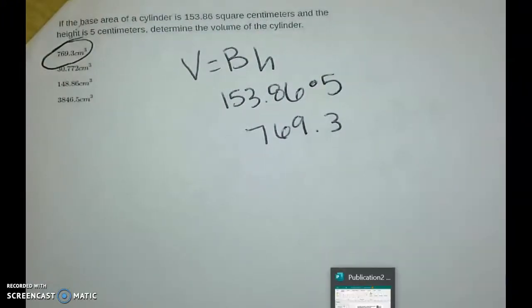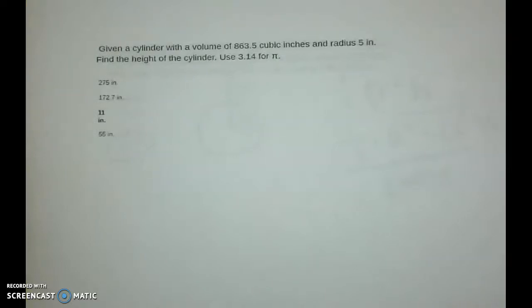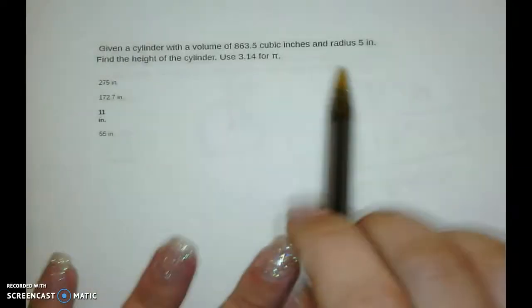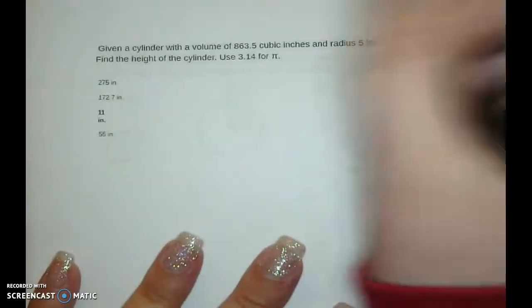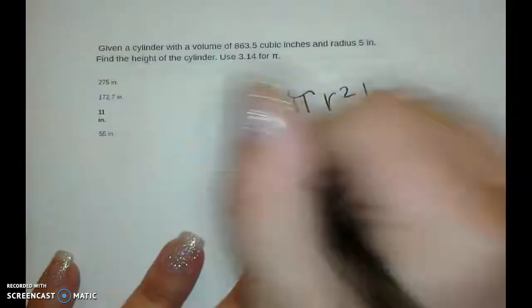All right. Moving on, let's look at this one. It says, given a cylinder with a volume of 863.5 cubic inches and a radius of 5, find the height of the cylinder, okay? So this one gave me a radius. So that means I'm using that pi r squared h formula.